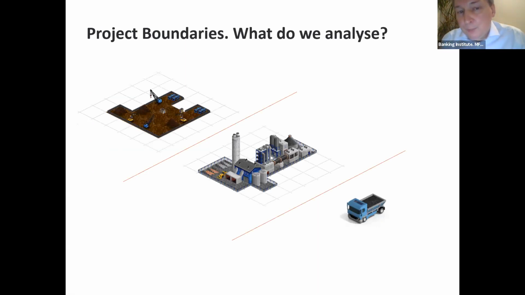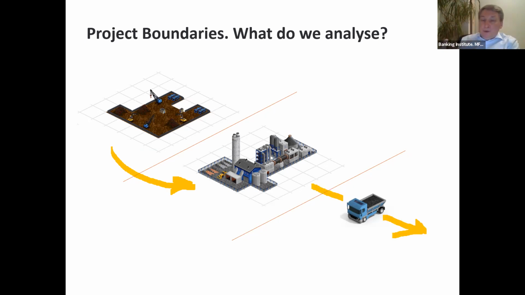First, the project scope, the project boundaries. Imagine this cement plant. Where does this business start, and where does it end? Look, we have a deposit of our raw materials, and we take our raw materials from those deposits and deliver them to the plant.